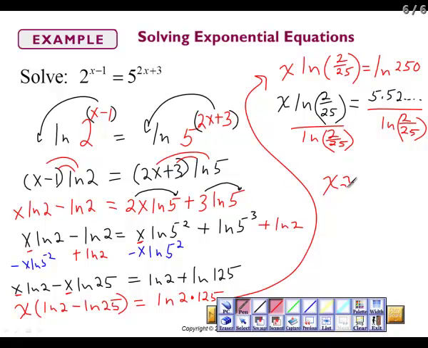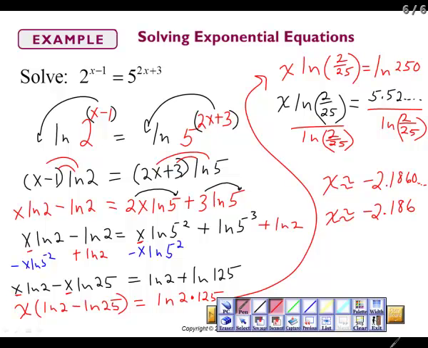So this is approximately equal to negative 2.186086352, and it goes on and on. It's an irrational number, so we're just going to round that off to negative 2.186, and that's our answer right there.